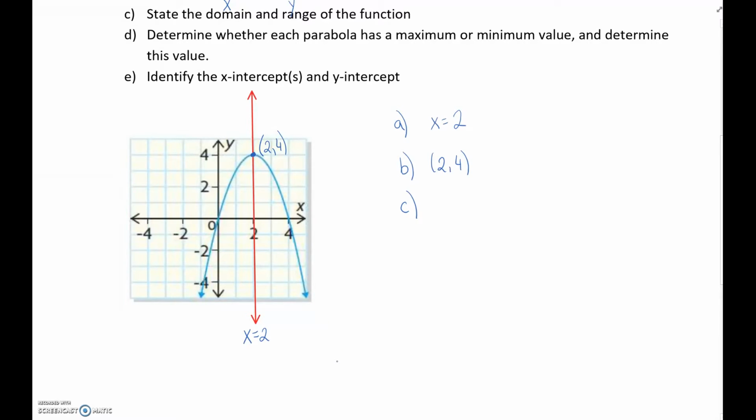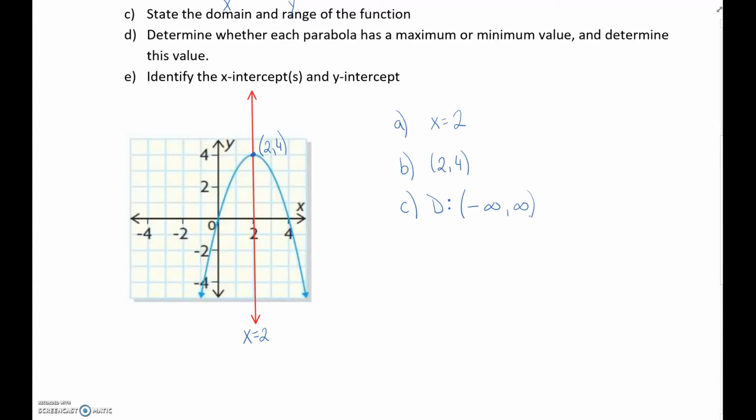So if it's going forever down and going forever out, out is what we need in terms of our x or domain, right? So there's possible x values everywhere here as you go through. So every possible x value. So that means our domain is going to go from negative infinity to infinity.